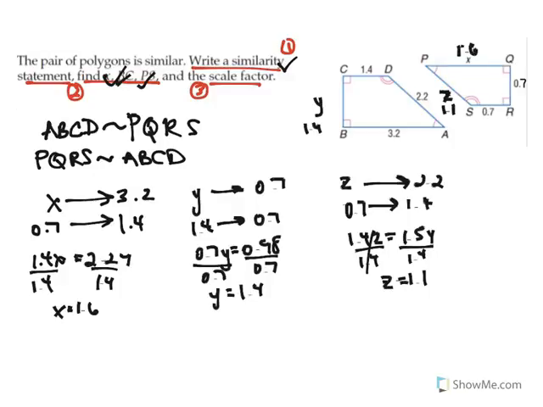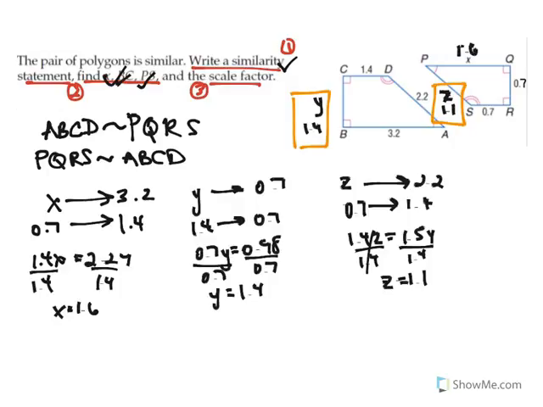All right. Now the third thing that we need to do is find the scale factor. Scale factor is just the side divided by its corresponding side. And it doesn't matter which order you choose.